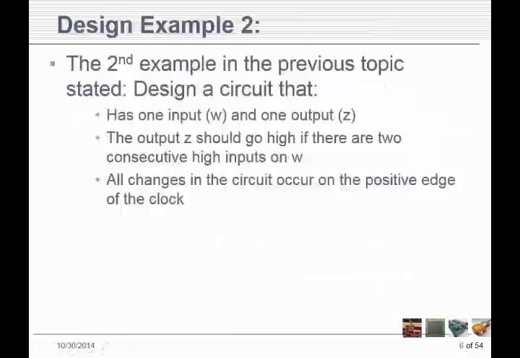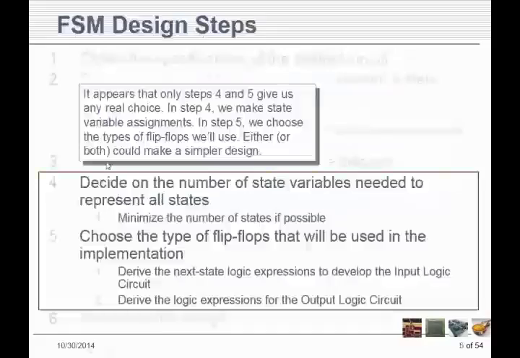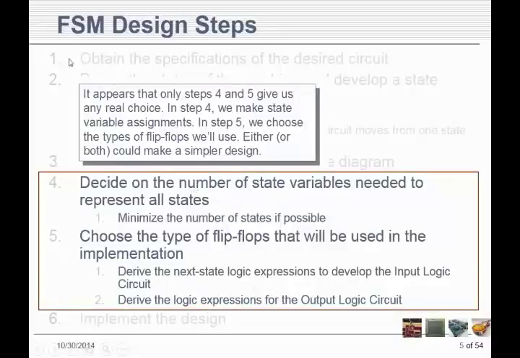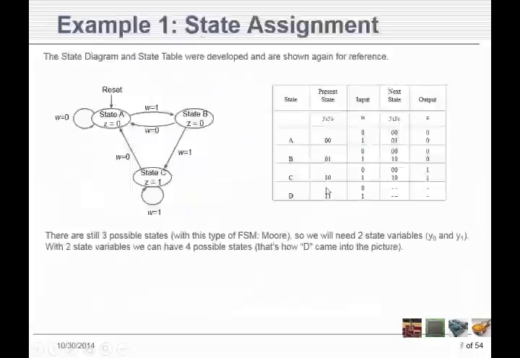Since it was looking for a sequence detector, I don't need to worry about these, I only need to worry about these. This has already been done. This is just getting the specs, drawing the state table, and then making this table here. So the state diagram, state table, all that had to be done. So I had all this.